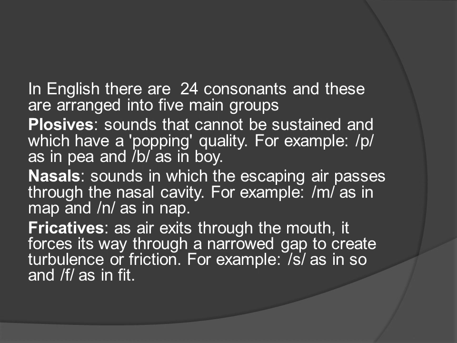In English, there are 24 consonants, and these are arranged into 5 main groups. So we have to classify these 24 sounds into groups, each group with a specific name. We will explain these by the end of the lecture, because we must describe each sound according to the manner of articulation and place of articulation.